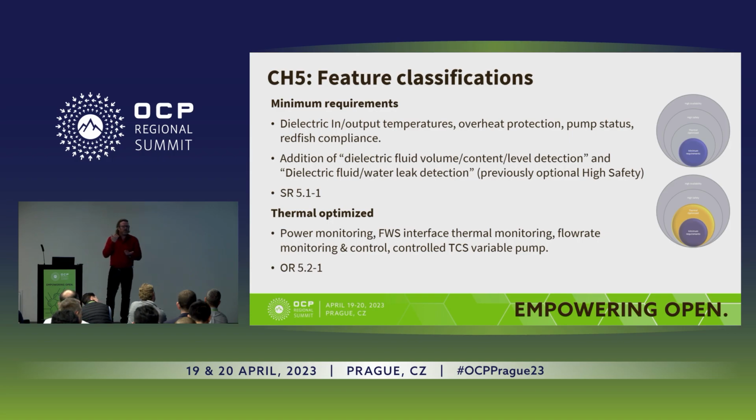That you can also monitor the flow rate, and that you can control the flow rate to manipulate the delta T across a solution for the facility water system. Or that you have a variable pump for the technology cooling circuit.